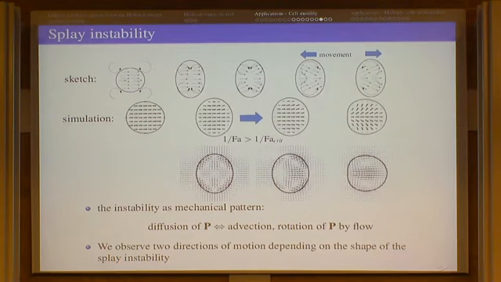Because we have diffusion of P on the other side, which is related to the elasticity of the filaments, this diffusion works against this instability, because it will equally align these parameters. And then we have the diffusion of P, and on the other hand, we have the advection and rotation of P, which is caused by flow.